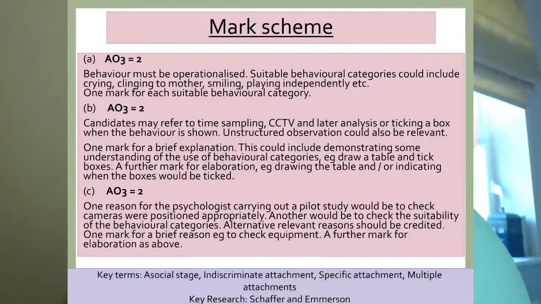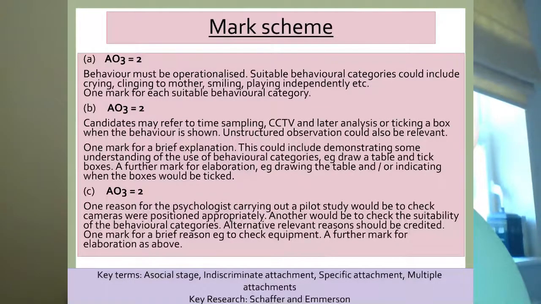And then the final question, a pilot study was to check that cameras are positioned correctly, or to check that the behavioural categories are appropriate, and to operationalise those behavioural categories.